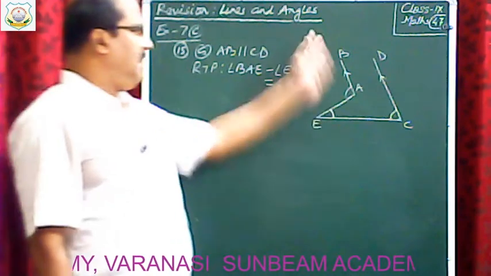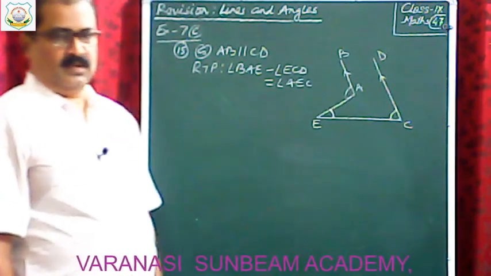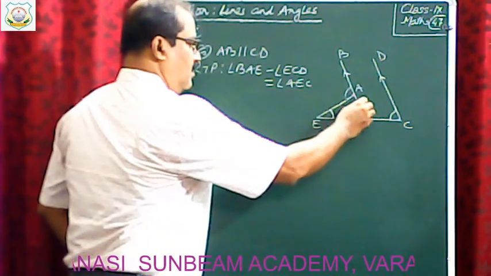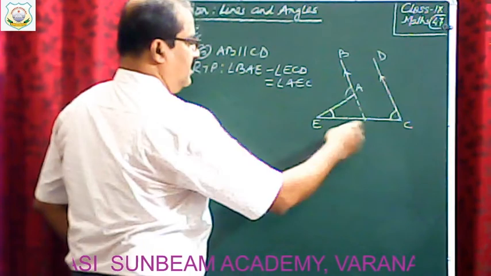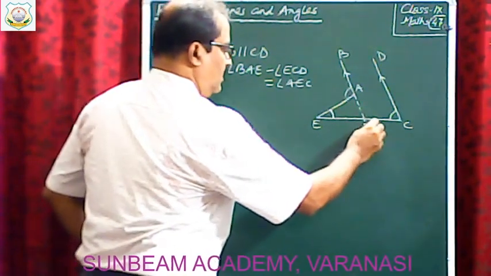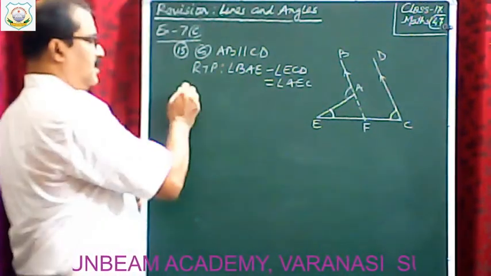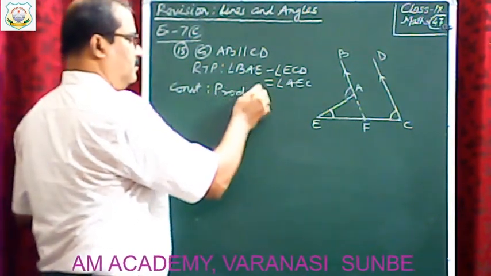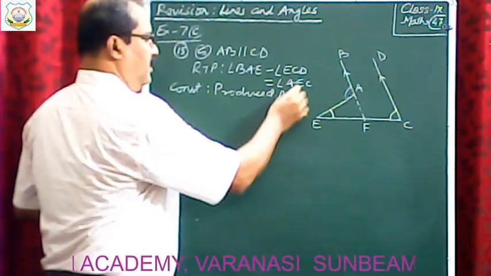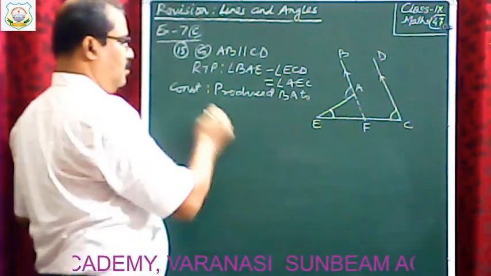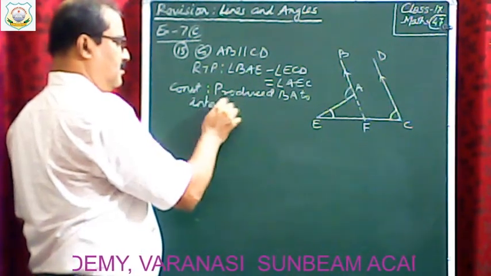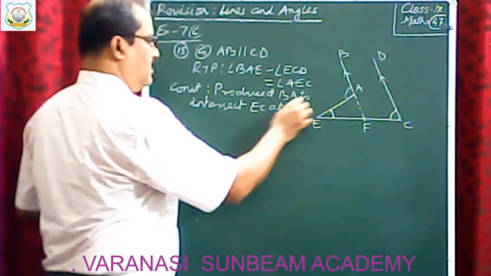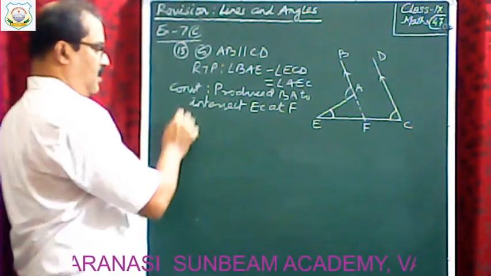Again we have two parallel lines, but transversal is not given. What we have to do? We have to produce BA. BA intersecting EC at F. The construction you have to do: produce BA to intersect EC at F. Now proof.